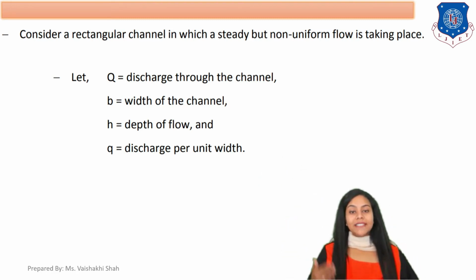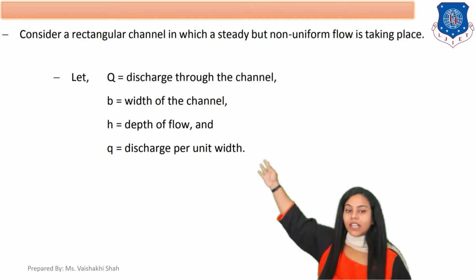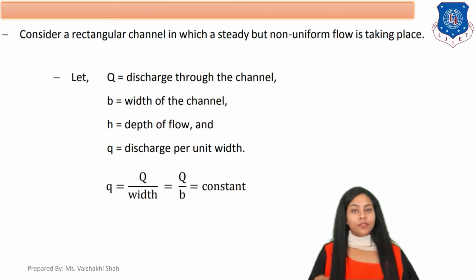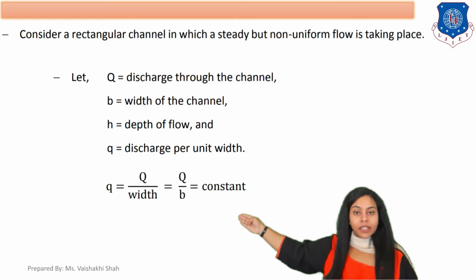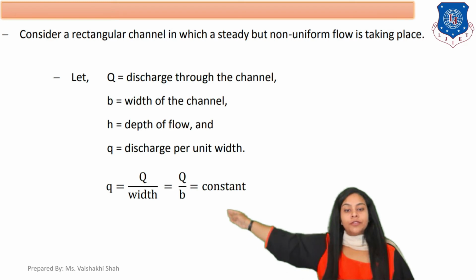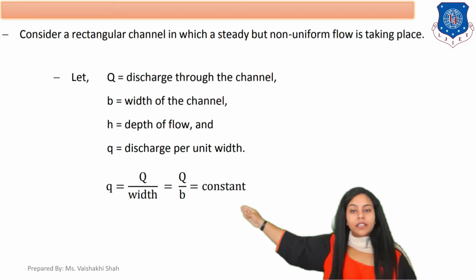Total Q is the discharge through the channel, and small q equals total discharge divided by width, capital Q divided by B.